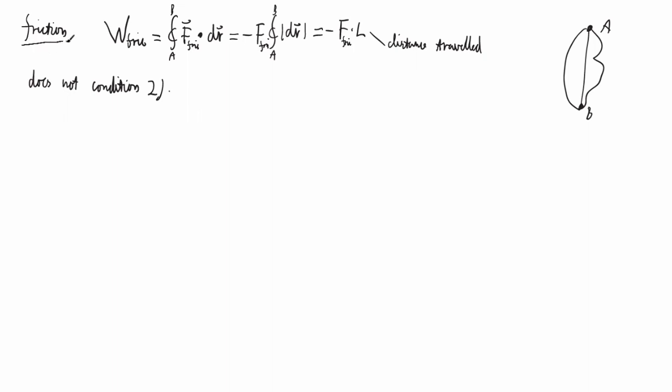It actually doesn't satisfy condition 1 either, because the force actually depends not just on the position, but on the direction of movement. Not how fast you're moving, but it depends on the direction of movement, so it satisfies neither condition 1 or 2.